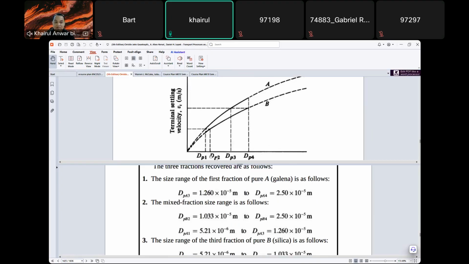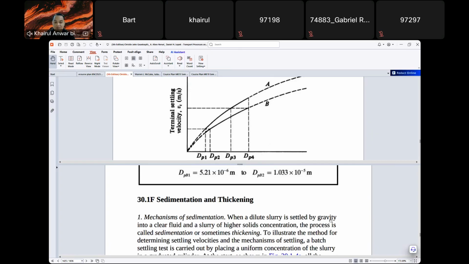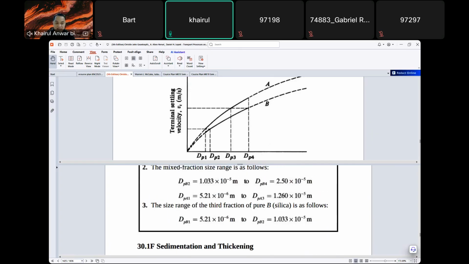To get dp2, you use equation 30.1-26. The last range is the pure B here, dpb1 to dpb2. Okay, hopefully it's clear. You can refer to the recording later.